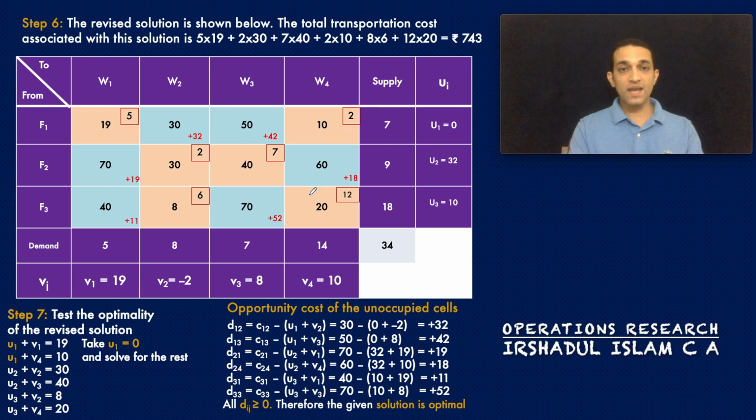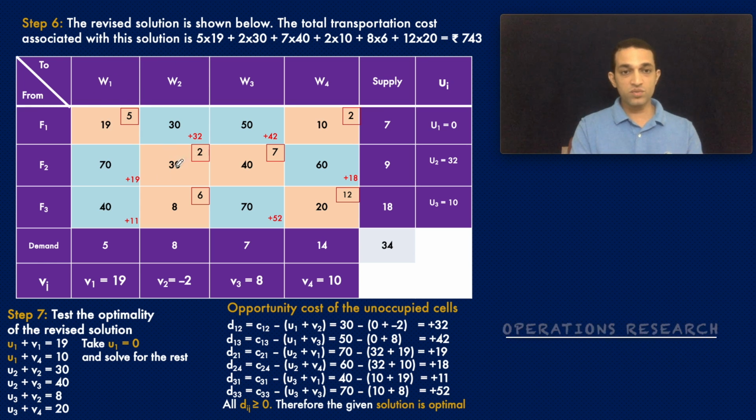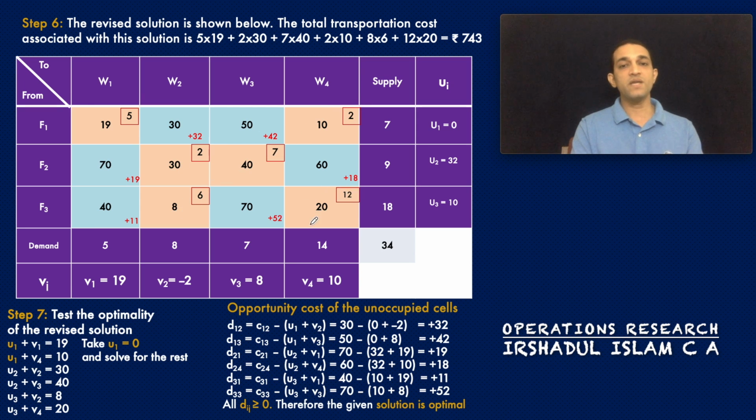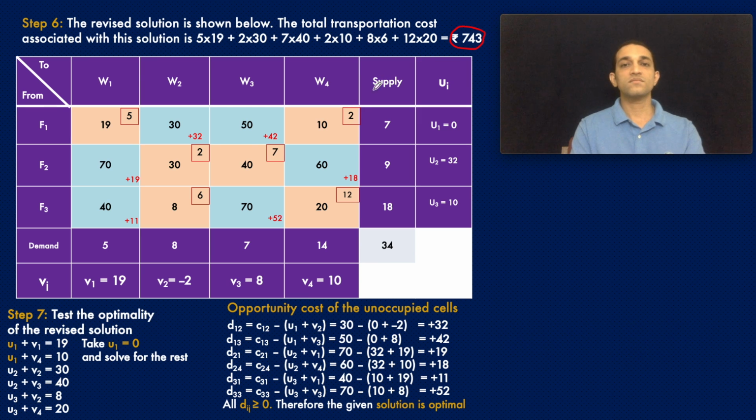After that, we will calculate the total transportation cost associated with this new solution. That is 5 into 19 plus 2 into 30 plus 2 into 10 plus 7 into 40 plus 6 into 8 plus 12 into 20. That we will calculate, and we got the value as 743 rupees.